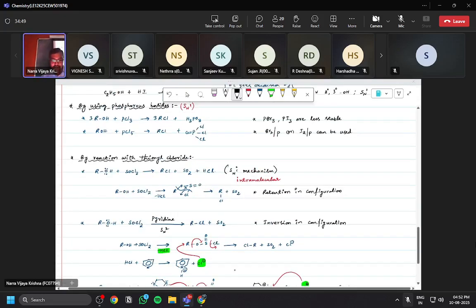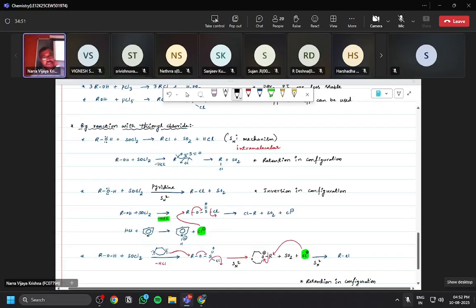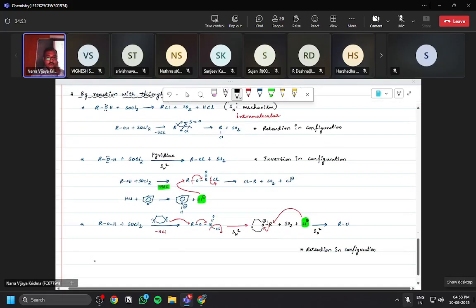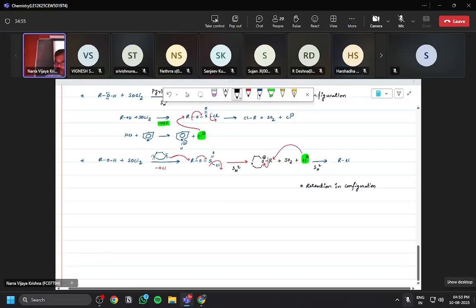So, reaction of alcohols with thionyl chloride to form alkyl chlorides. Now, I am taking one more example, sir. Sulfuryl chloride. Thionyl chloride means SOCl2. Sulfuryl chloride means SO2Cl2.